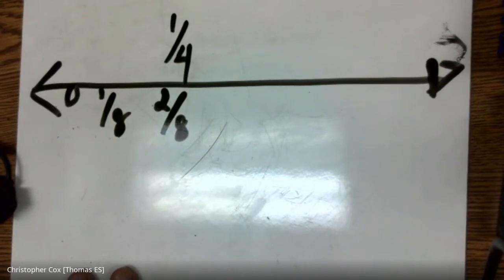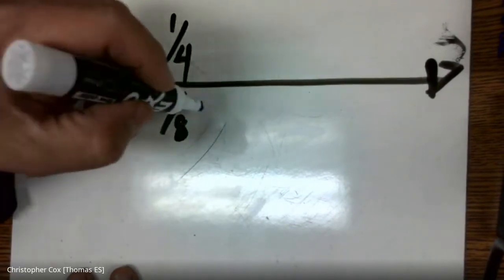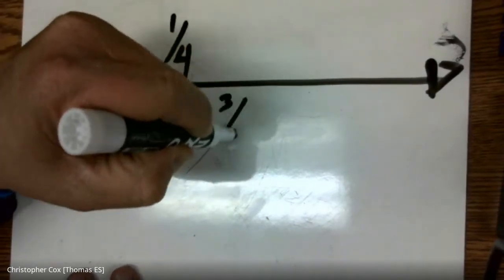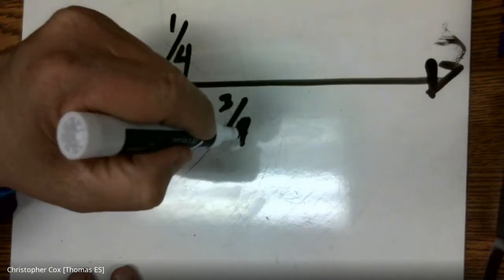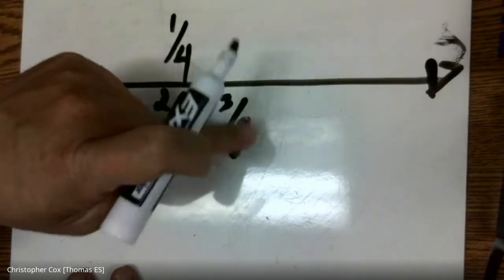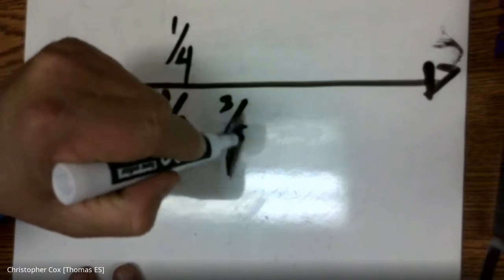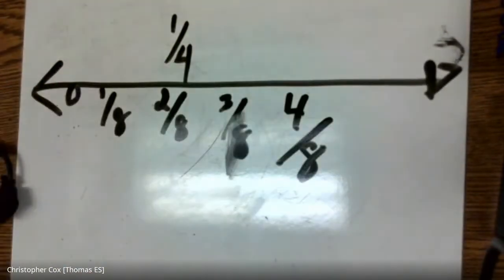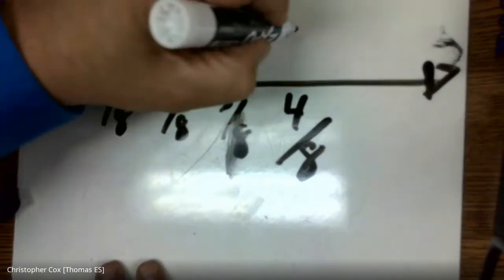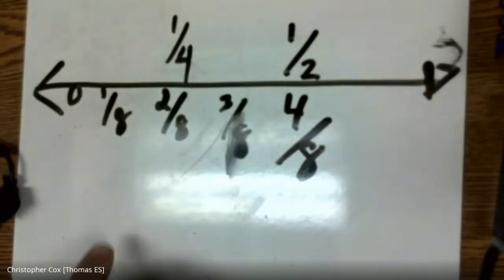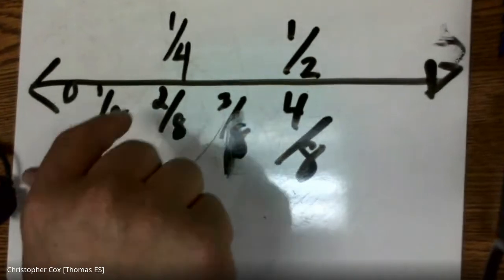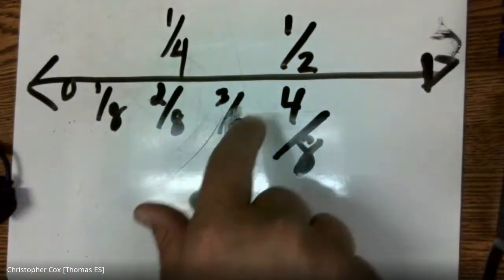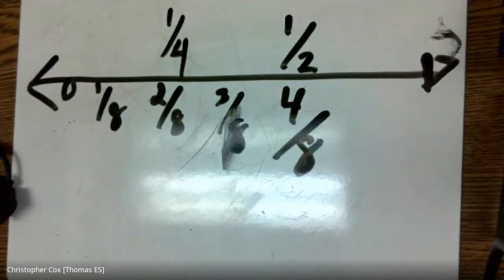Remember, it's part of the same fact family. 2/8, 3/8. And what do they write for 4/8? Well, then they write 1/2. So you're counting 1/8, 1/4, 3/8, 1/2. That is just too much, even for me. And I'm the school teacher.